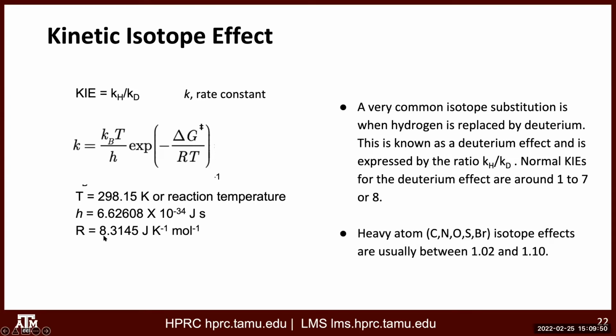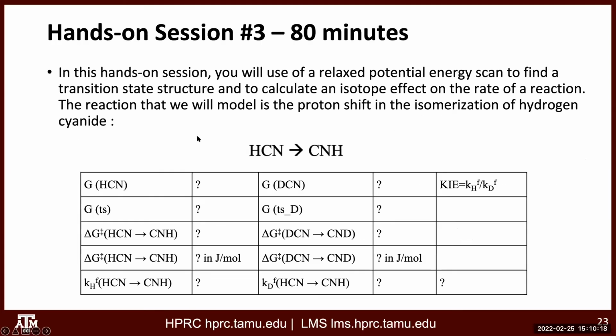And when you substitute numbers into this equation, make sure that you change the Gibbs free energy barrier to the unit of joule, because this is the unit that we typically use for the gas constant. So make sure that you cancel your units.